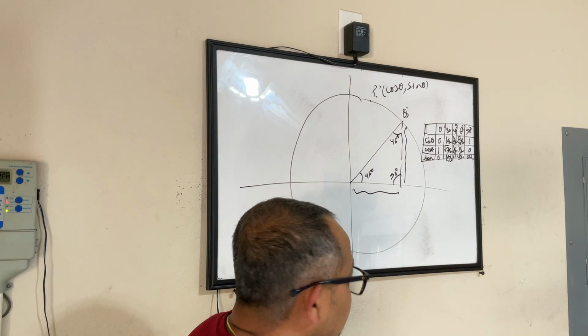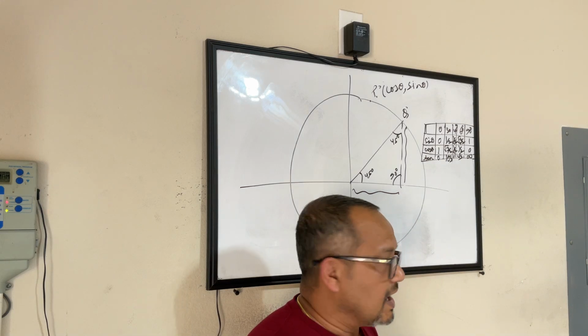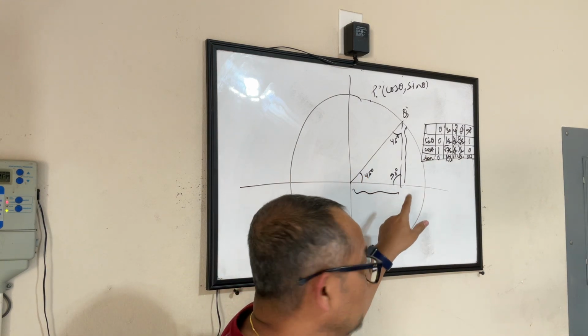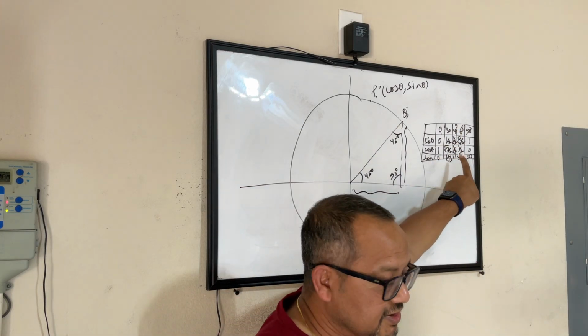Is that understandable so far? I'm looking at a 45 degree angle, okay? I'm just trying to find out the value of sine 45 degree, and relate it with the value that you see here.